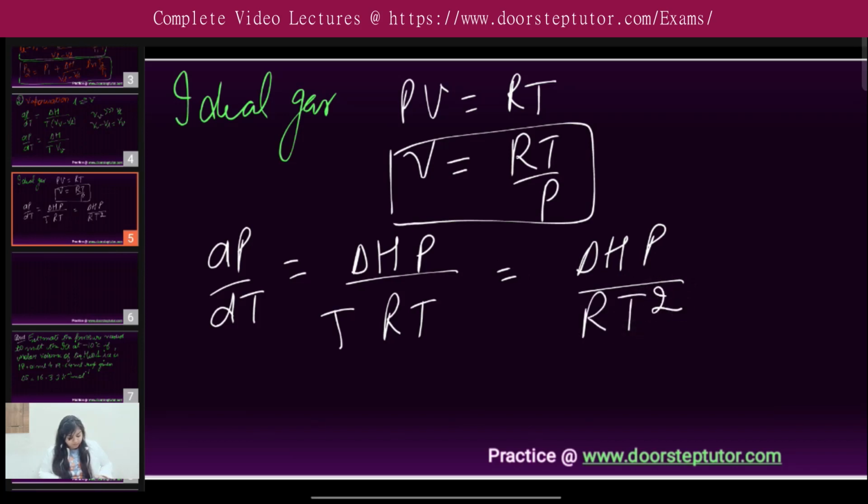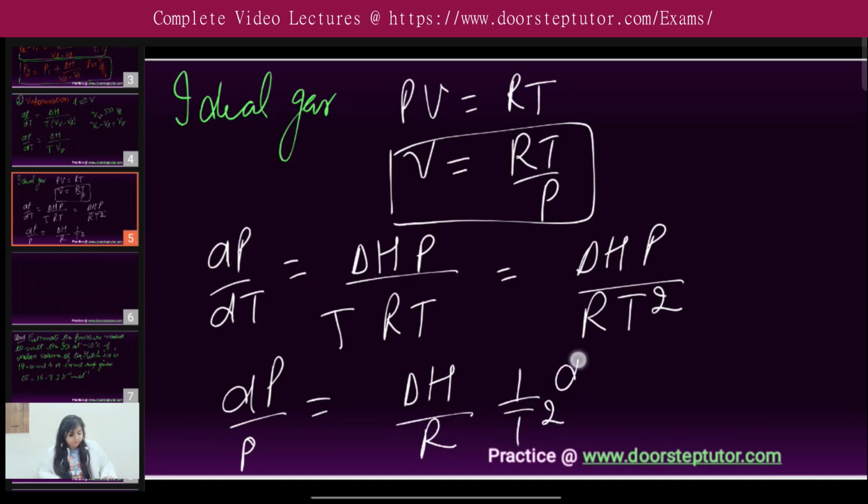Just rearranging, dP by P is equal to delta H upon R into 1 by T square into dT, right? The pressure terms I am taking on one side and the temperature terms on the other side.